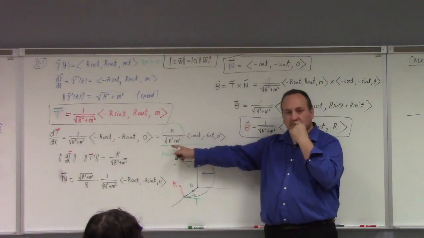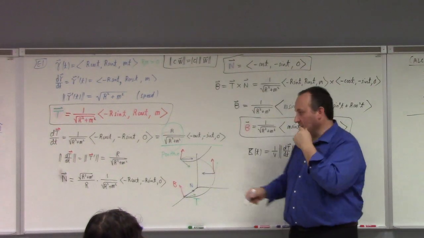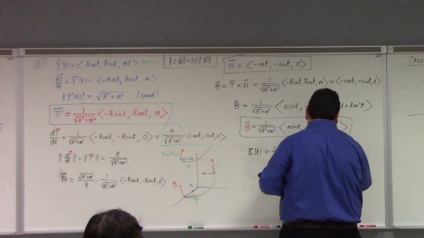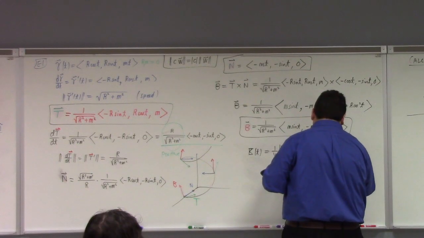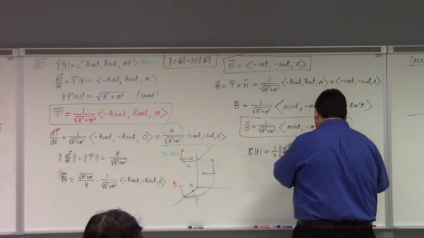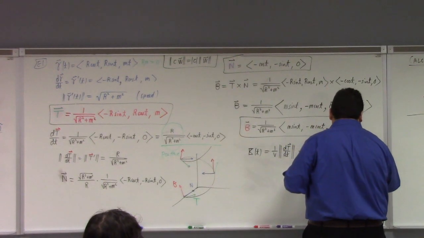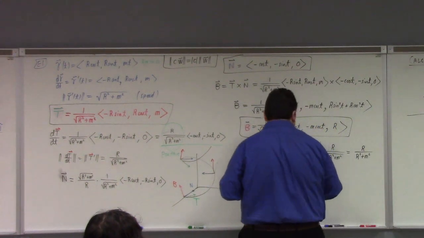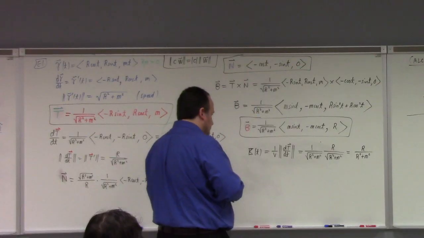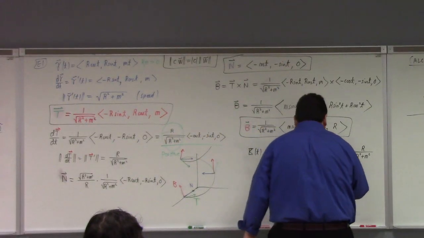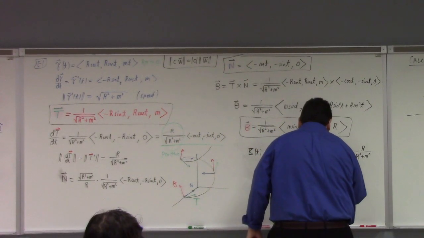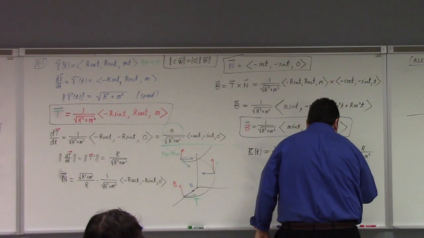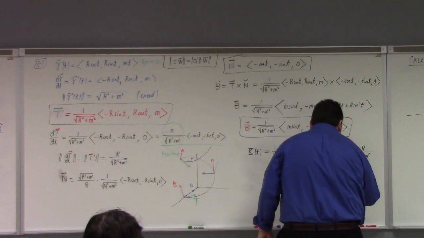It's right here, isn't it? It's r divided by the square root of r squared plus m squared. So you see, the curvature for a helix is given by r divided by r squared plus m squared. V is speed, yeah. So kappa is r divided by r squared plus m squared.